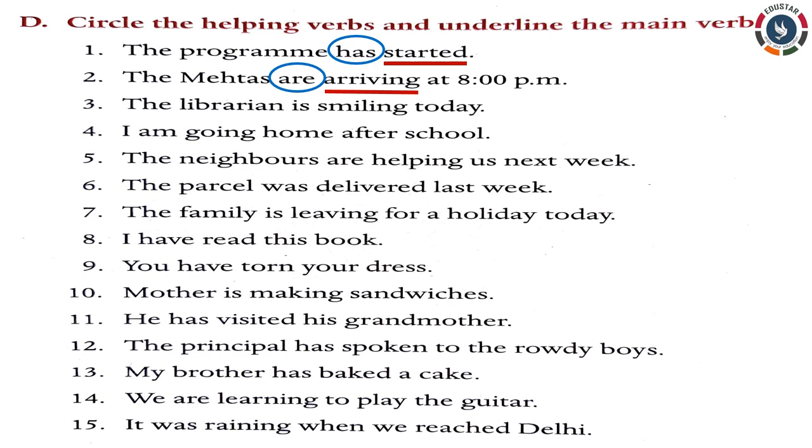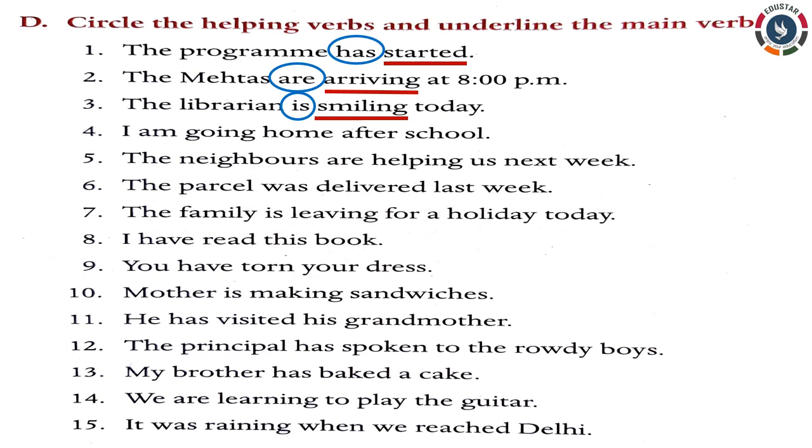The third sentence, the librarian is smiling today. What is the main verb here? Smiling. So, underline it. And what is the helping verb? Is. So, circle is.